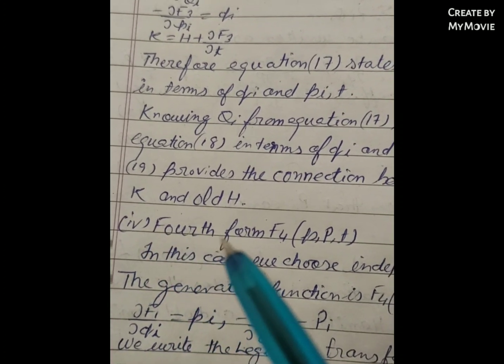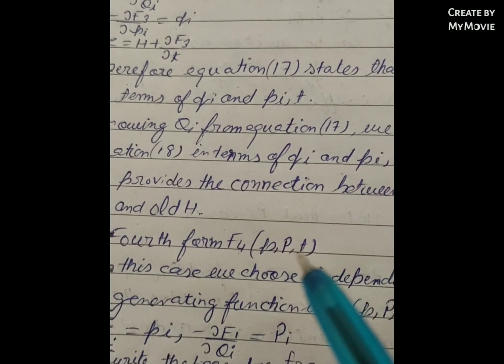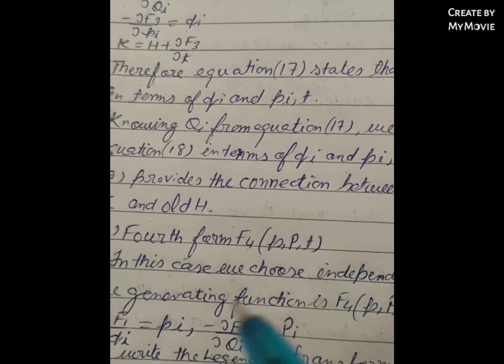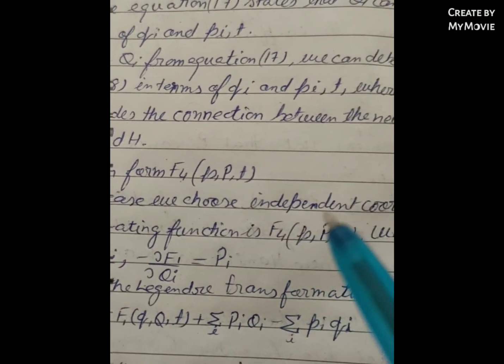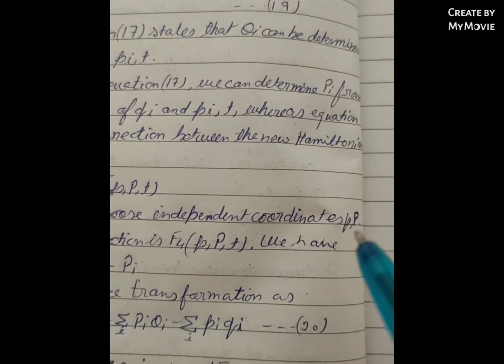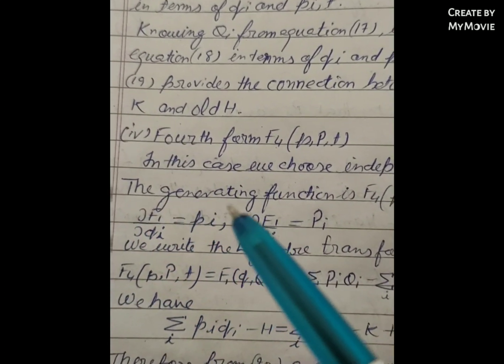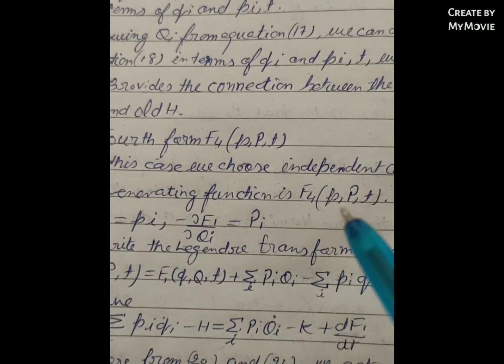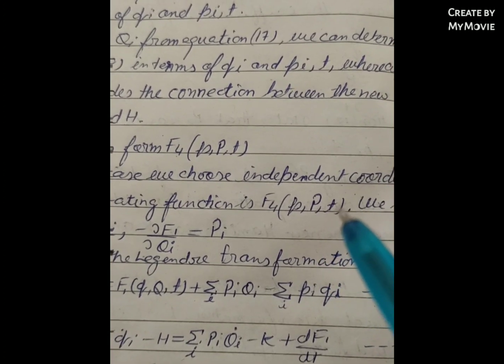Now the fourth form, F4(p, P, t). In this case, we choose the independent coordinates small p and capital P. The generating function is F4(p, P, t).